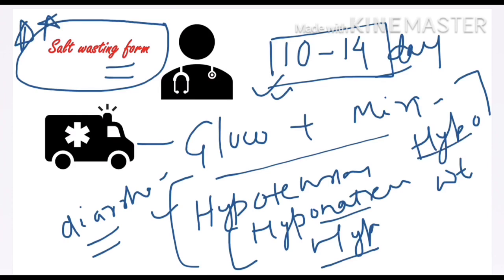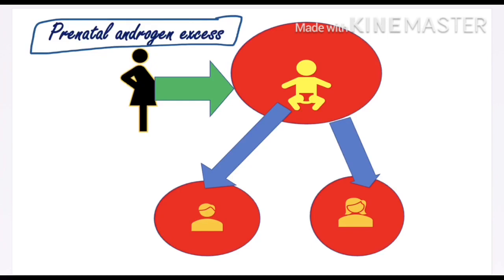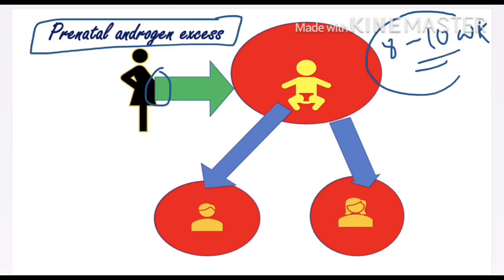Suppose there is androgen excess inside the mother's womb, then what will happen to the baby? Before 8 to 10 weeks there is no gonadal differentiation. After 8 to 10 weeks, the gonad differentiates into either male or female.